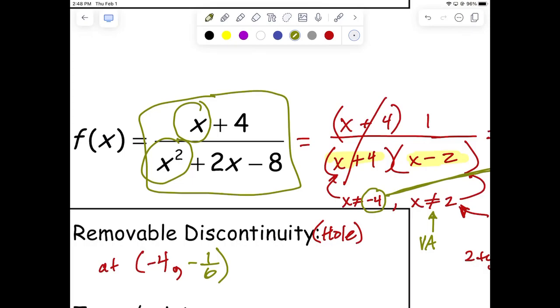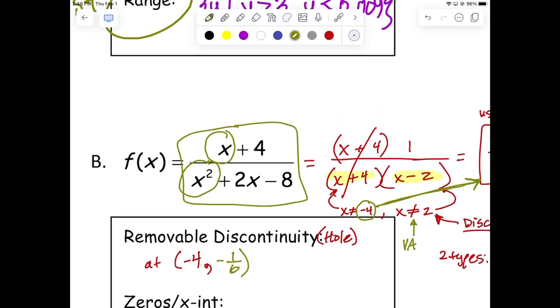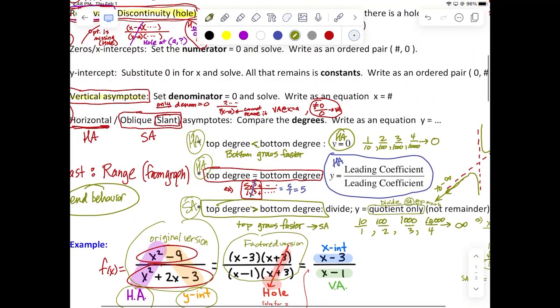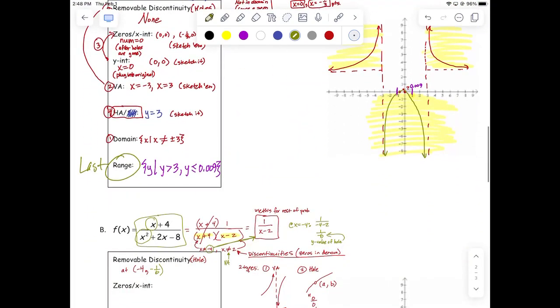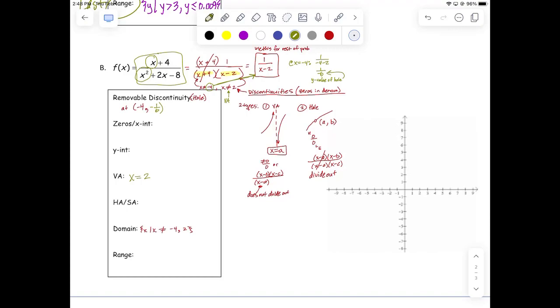So anytime the bottom is bigger, the bottom grows faster. What did we say about the horizontal asymptote? Where does it go? It goes to zero. When the bottom has a larger degree, it goes to zero. So we know we're going to have a horizontal asymptote here. I'll just say HA at y equals zero. Make sure you put y equals. That's also known as the x-axis.